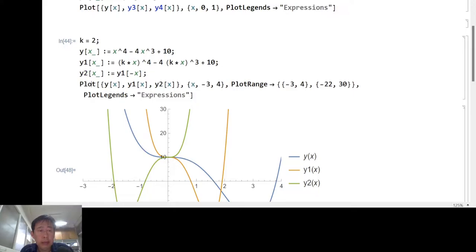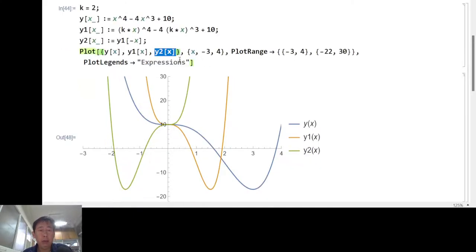So this is the original graph. This is the graph that is obtained by compressing the original graph by a factor of 2 along the horizontal direction, and this is the final curve obtained after reflecting y1 about the y-axis.